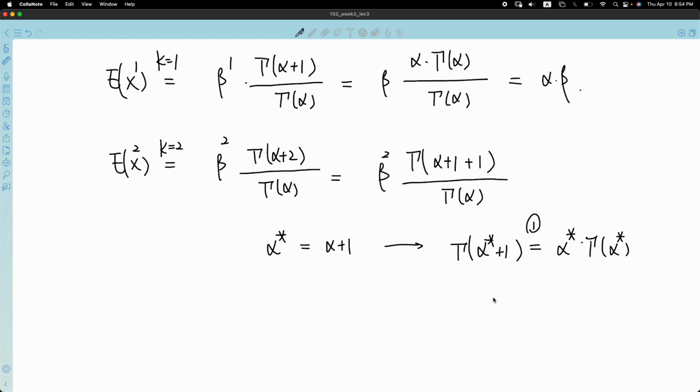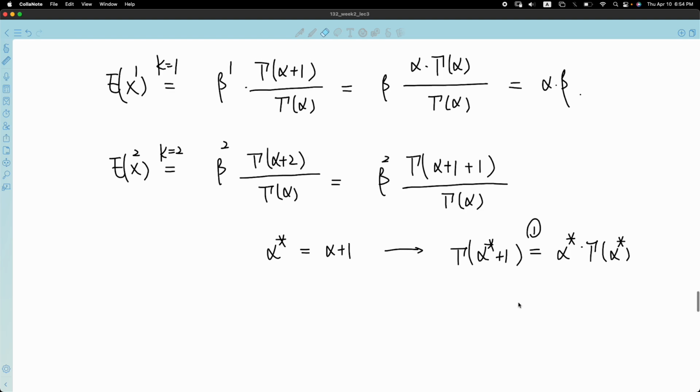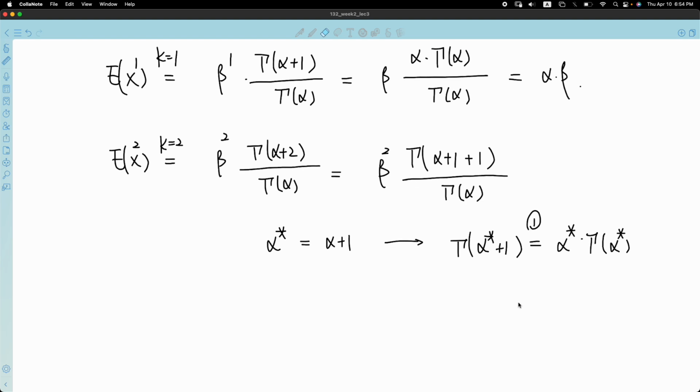So this is alpha plus 1 multiplied by gamma function of alpha plus 1. Does it make sense?